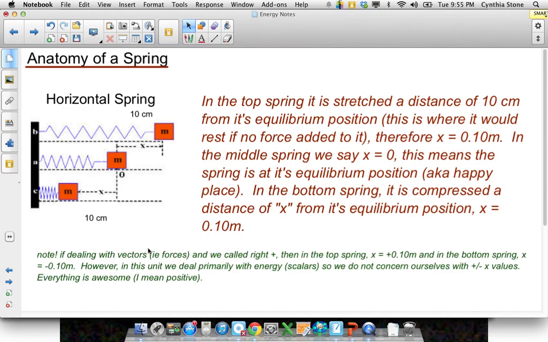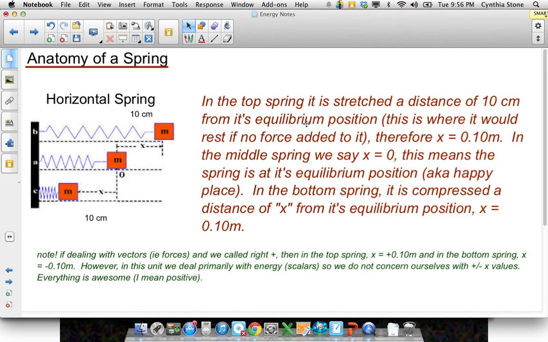We are getting into much more detail in grade 12 compared to grade 11. So say I have what I'm going to call a horizontal spring, and say there are 3 pictures here. This indicates that the spring is stretched by 10 centimeters. I'm making up numbers; the numbers mean nothing, it's just the idea of it. This number does, though, from its equilibrium position.